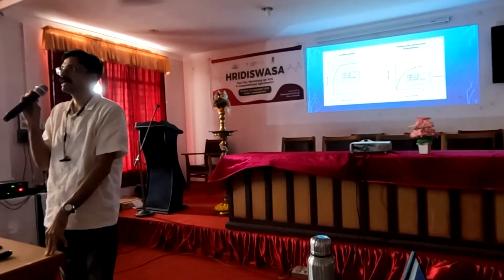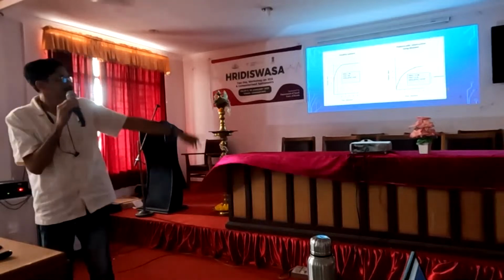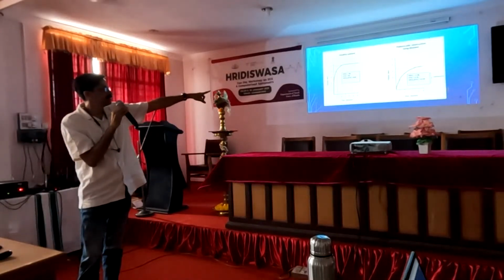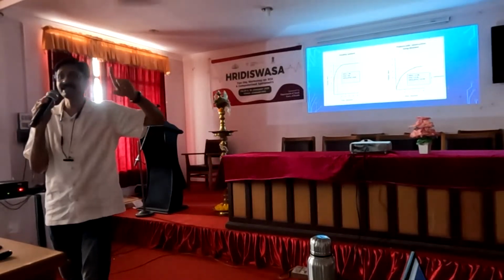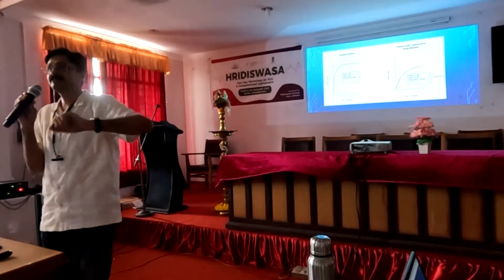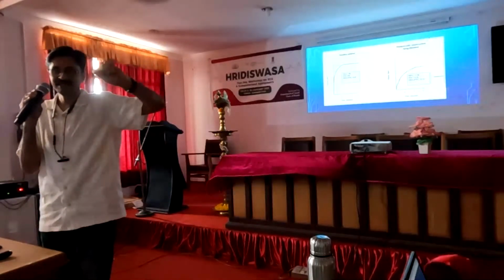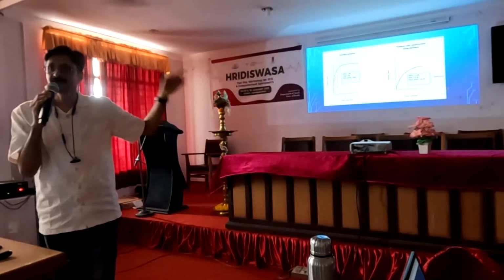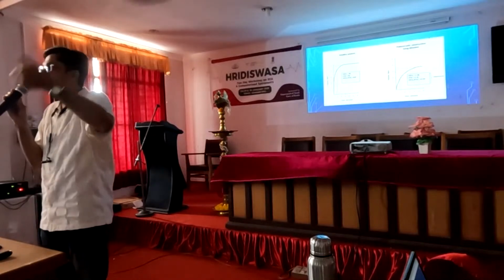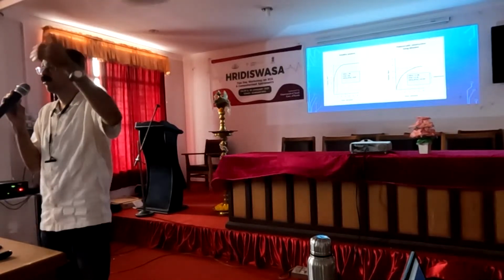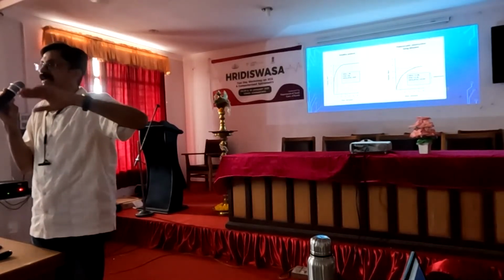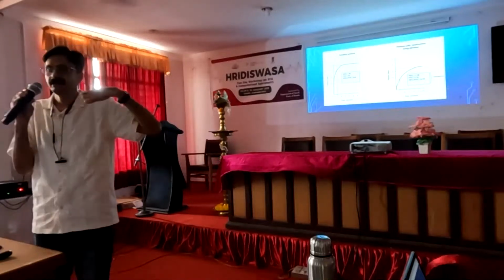So then what happens? Forced vital capacity is the maximum volume of air breathed out. Expiration will be difficult in obstructive diseases, so the forced vital capacity will be decreased.